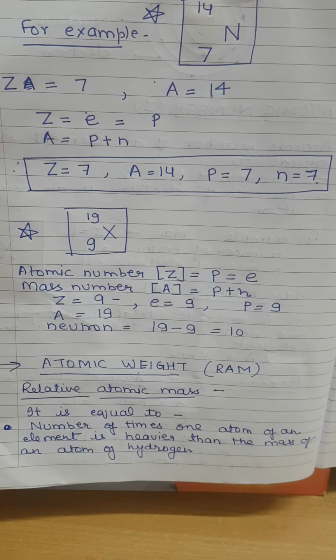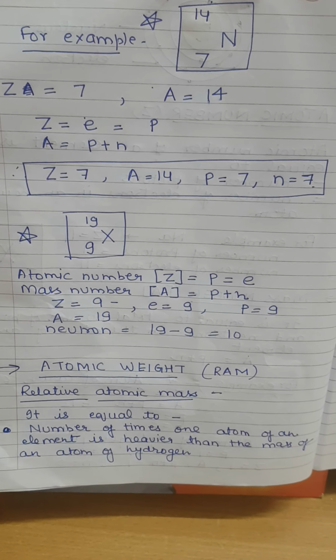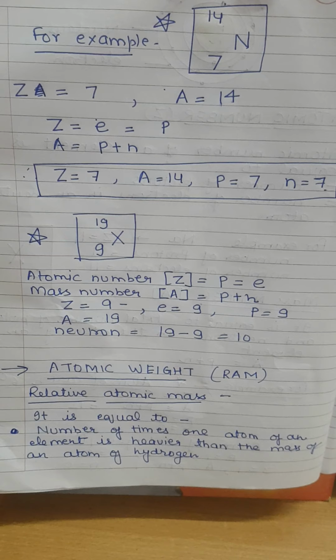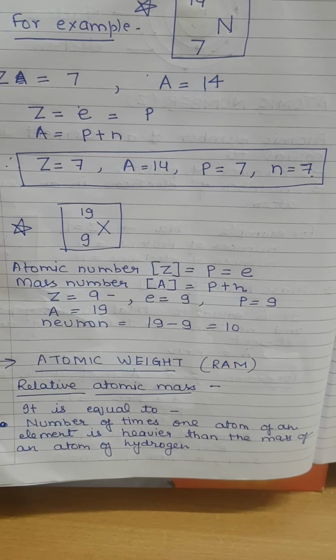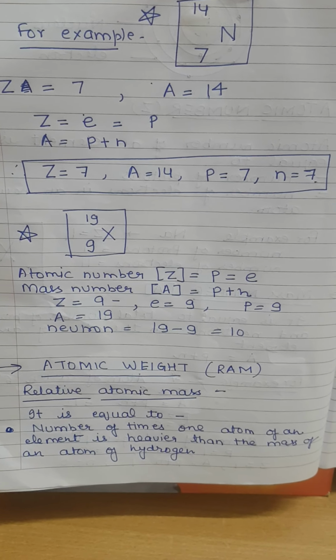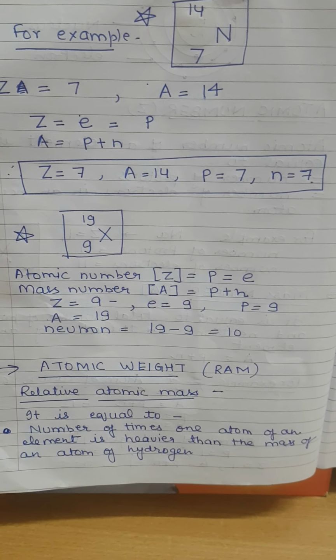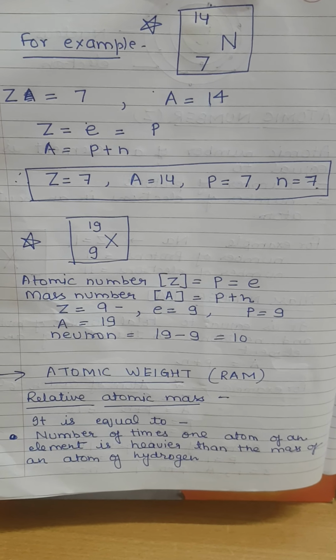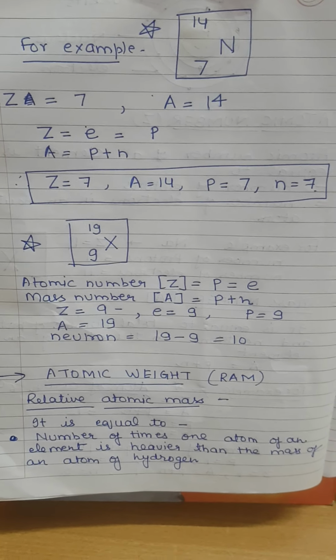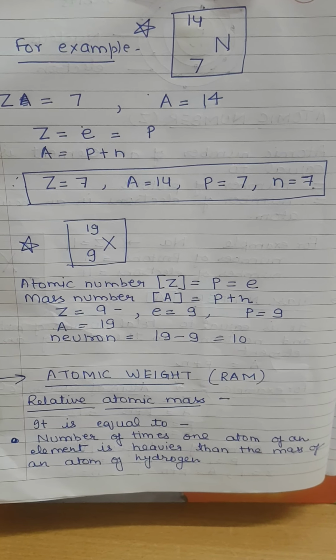A is equal to P plus N. You know the value of A and P. So N is equal to 19 minus 9, which is 10. Now you know how to find the number of electrons, protons and neutrons in an atom.